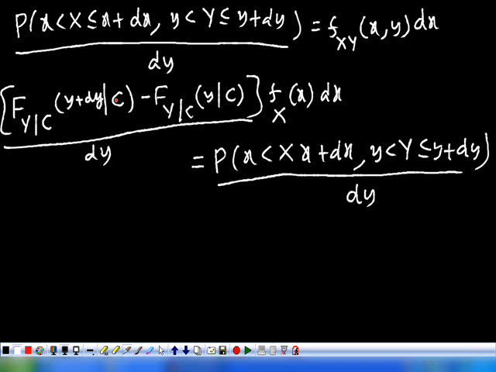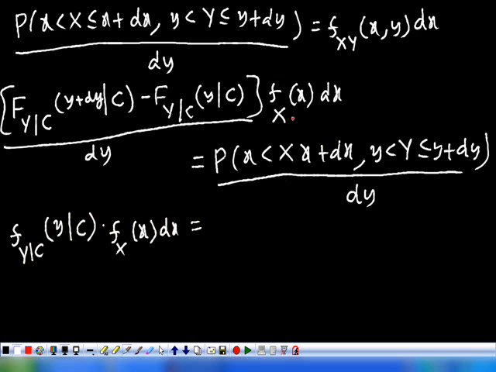This value, this minus this divided by dy, we already obtained: Fy given C, y given C into Fx of x dx is equivalent to, see, what is this value?